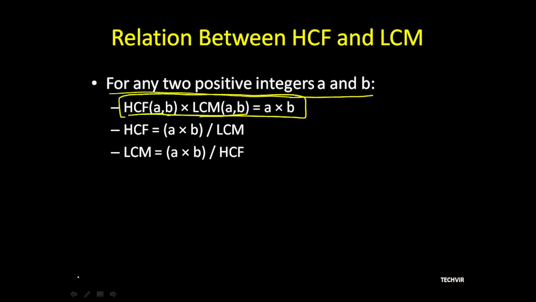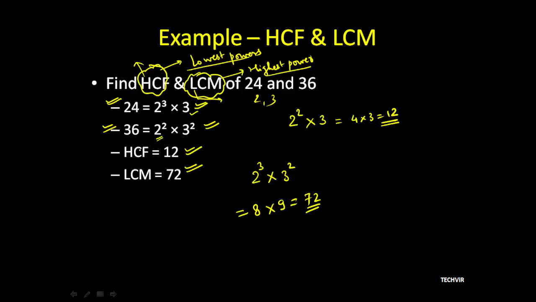For example, let's take the previous two numbers, 24 and 36, for which we found the HCF and LCM.